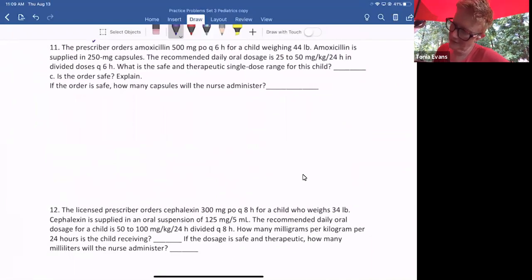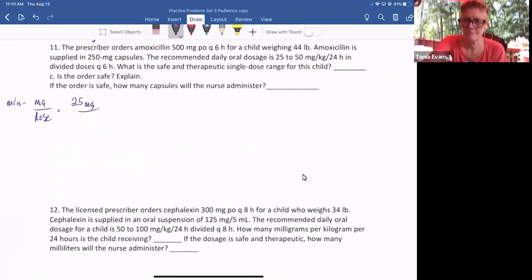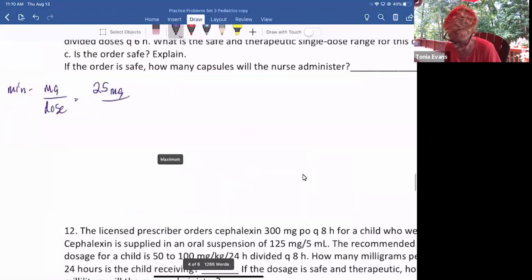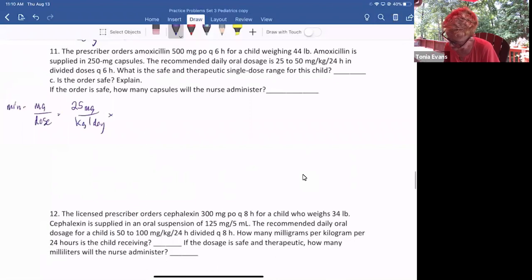Amoxicillin. Let's see. What's the safe and therapeutic single dose range for this child? So we want to know again, milligrams per dose. We have a range of 25 to 50 milligrams per kilogram per day. So 25 milligrams per kilogram per day. And our weight is in pounds.